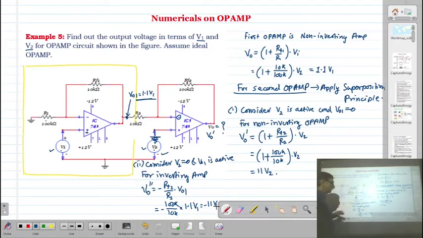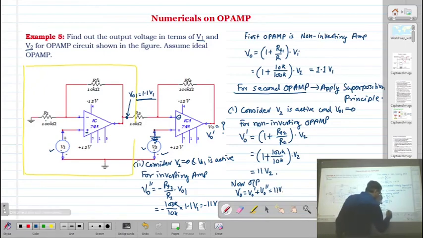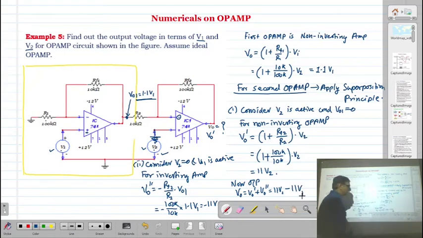And therefore, now the output voltage VO is equal to VO dash plus VO double dash, and that is equal to VO dash is 11 V2 minus 11 V1.